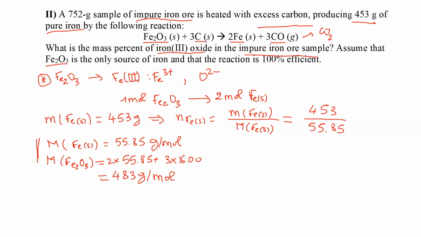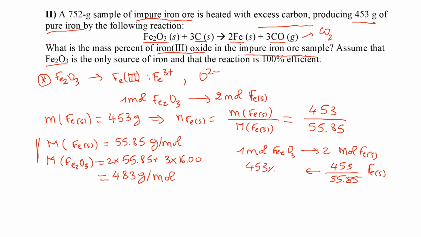55.85. So we know that 1 mole of iron oxide, Fe2O3, gives 2 moles of iron solid. So if I have 453 divided by 55.85 moles of iron solid, it should give 453 times 1 divided by 2 times 55.85.